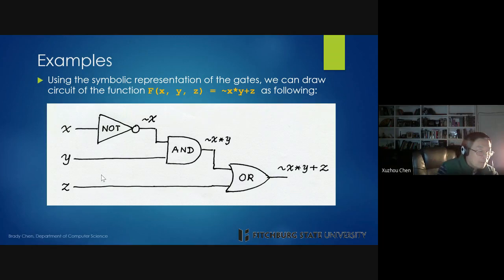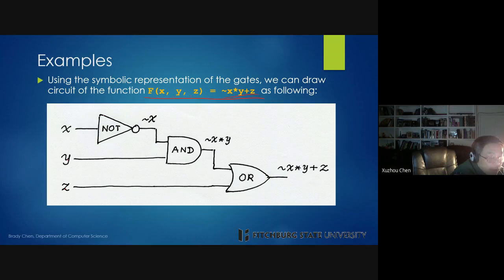For this particular example, I have the Boolean algebra. So x, y, z is our input, and this is the Boolean algebra. And then I can build the logical circuit to simulate this Boolean function. Okay, so you have input x, y, z, right? Based on this, you can first evaluate the negation of x, right?